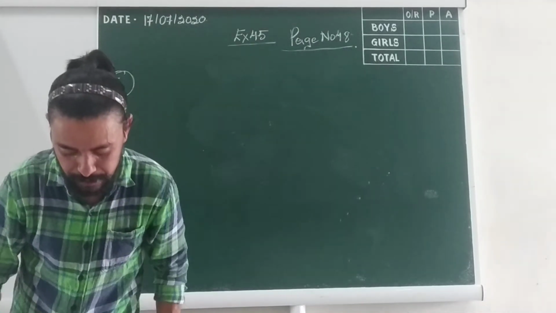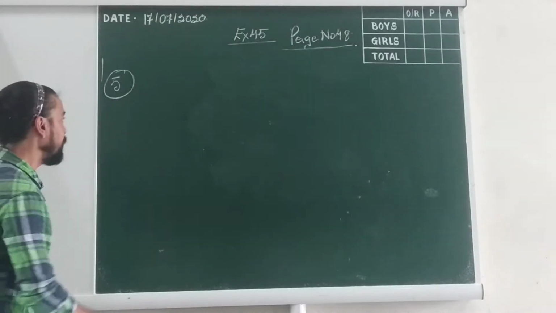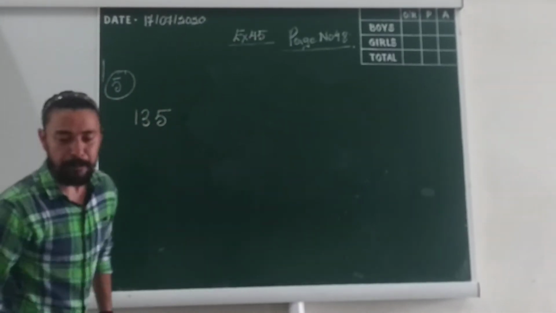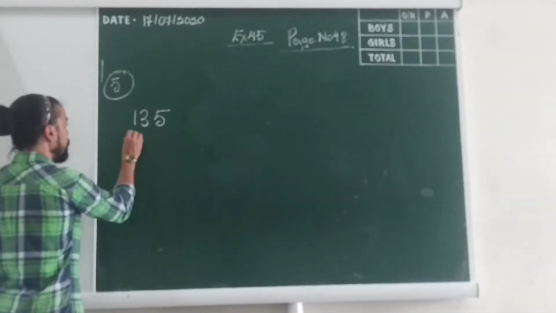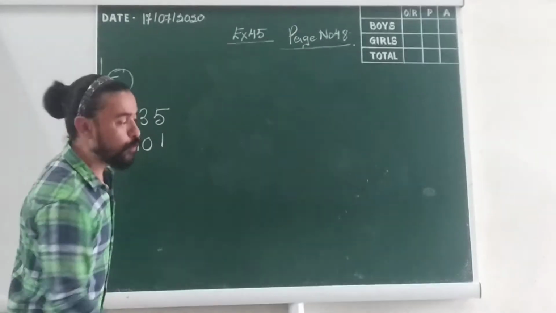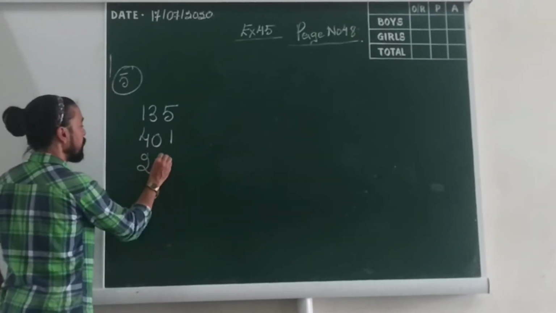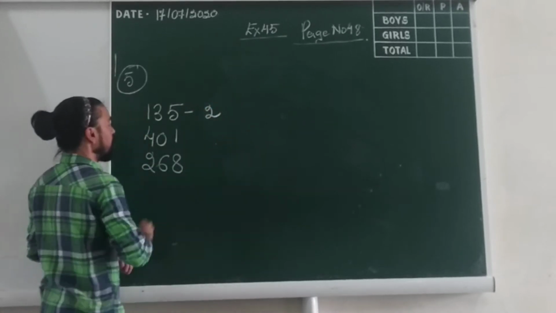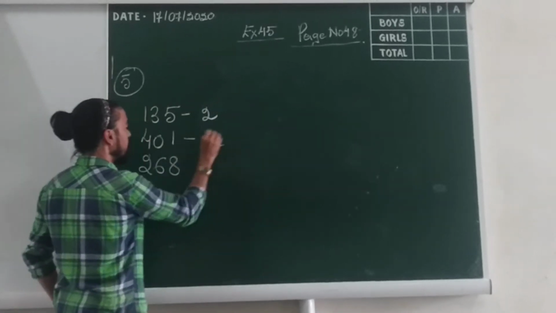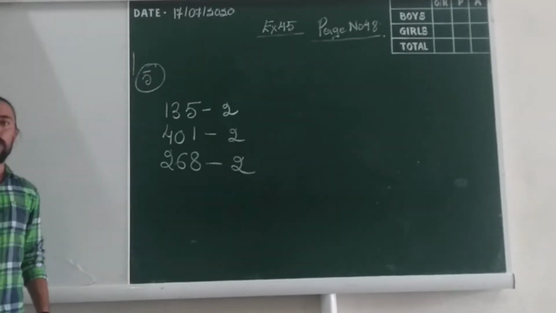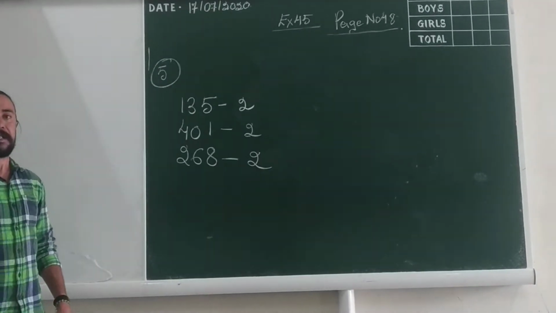Let's look at the numbers. The numbers are 135. The next number is 401. And the next number is 268. So from this I will subtract 2. From this I will subtract 2. From this I will subtract 2. Because it's saying that there should be 2 as remainder in all their cases.